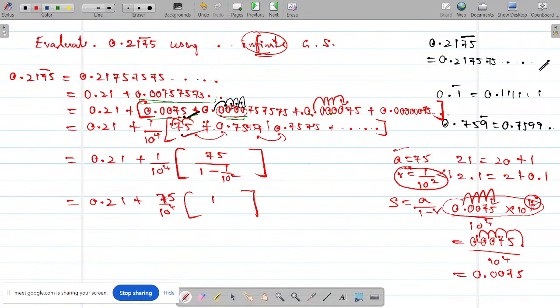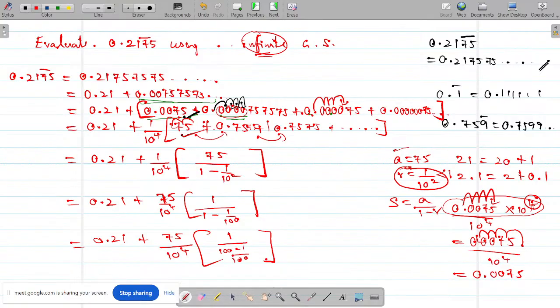Now the left out will be 1 minus 1 by 100, 1 by 10 square, 1 by 100. Next step, 0.21 as it is, 75 divided by 10 power 4 as it is. Now I take LCM. Numerator as it is. Denominator is 100 minus 1 divided by 100. You agree? I'm taking normal LCM.